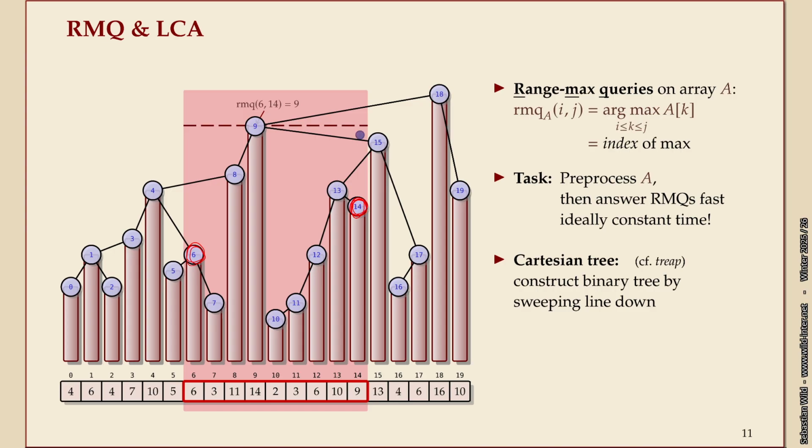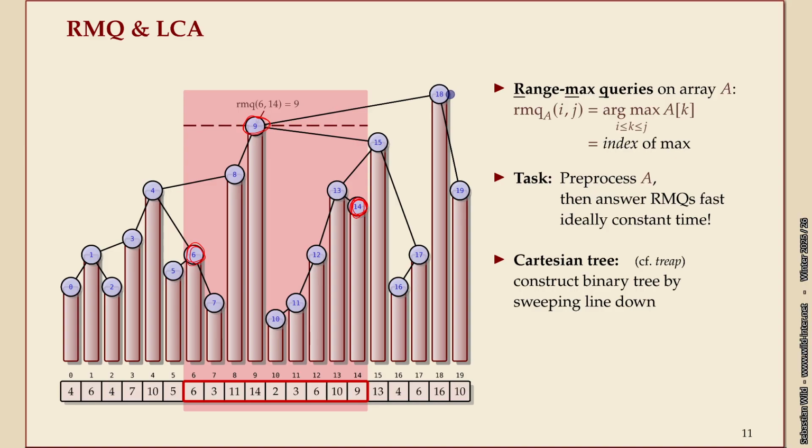If you walk from those up to the root, at the very least at the root, they have to join paths. And they usually join a bit earlier, in this case here. And that node, the way I draw the trees here, the root has to be between those two. One way to see that is I've put the indices in the nodes here from left to right. These are the indices of the array.